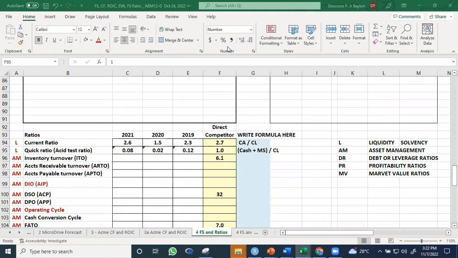Example nito yung mga treasury bills. Yung government ang nag-issue 30 days, 91 days, 180, pinakamahaba yung 360, up to 1 year. So ang tawag sa kanila, short-term investments or marketable securities.